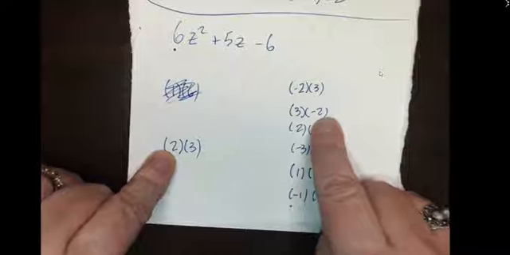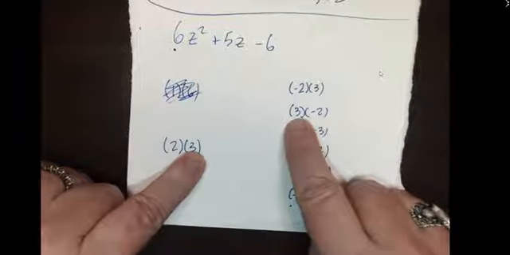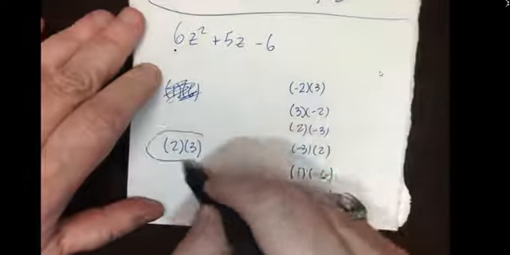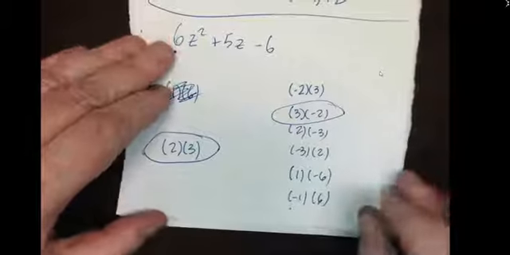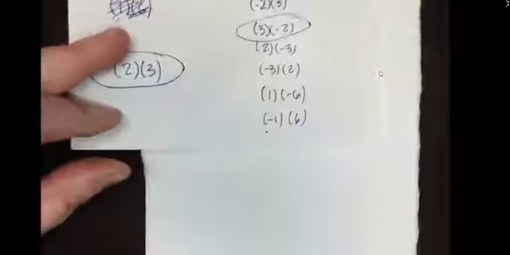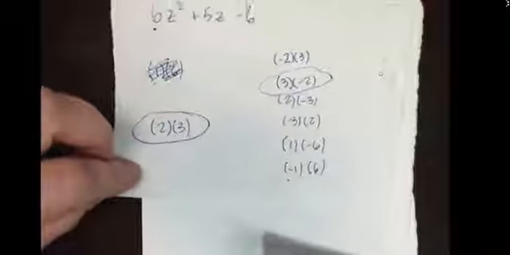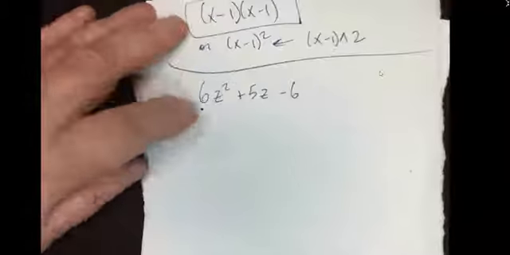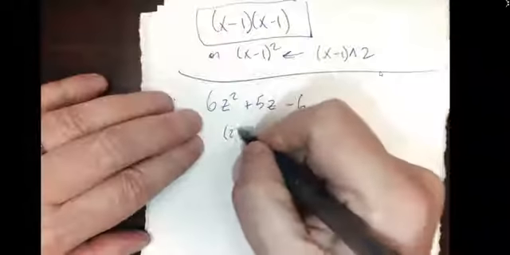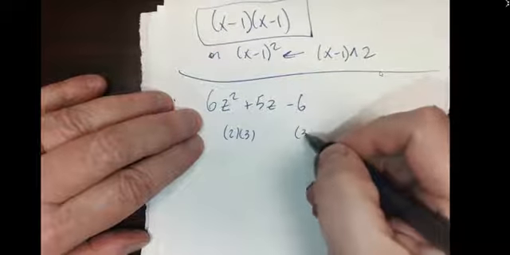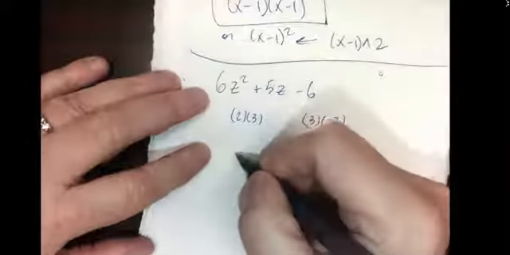Negative 4 plus 9 is 5. I found a pairing that works. So when you find a pairing that works, so 2, 3, and 3, negative 2, you can factor it.